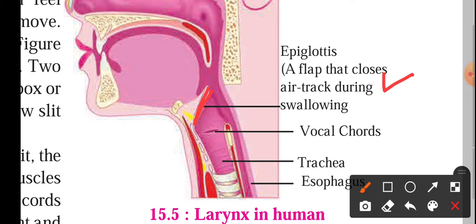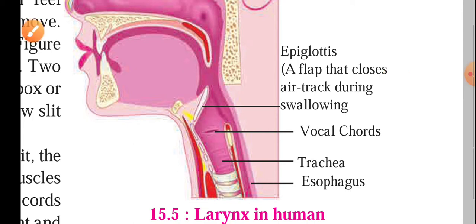Whatever we are eating goes through the esophagus and goes into the stomach. On the other side we have the trachea, which carries the air to the lungs. Both are present here at the junction, where we have the epiglottis, which covers the air pipe, that is the trachea, to prevent any food from entering into the lungs.